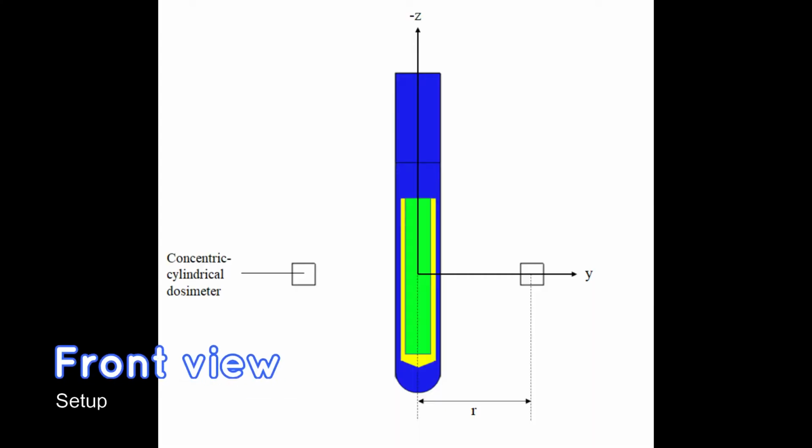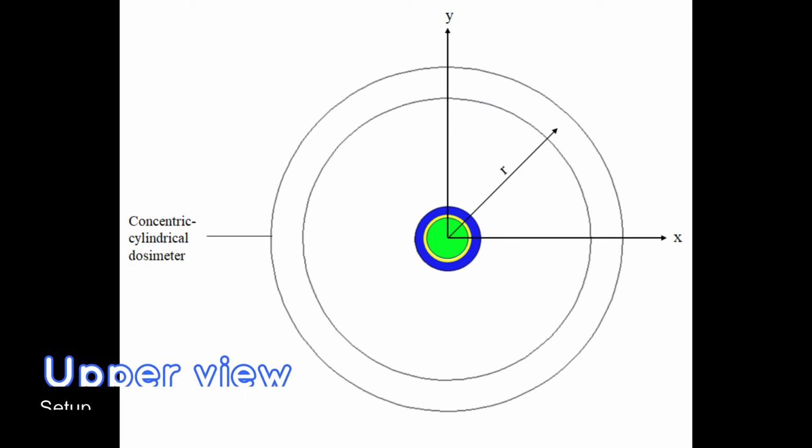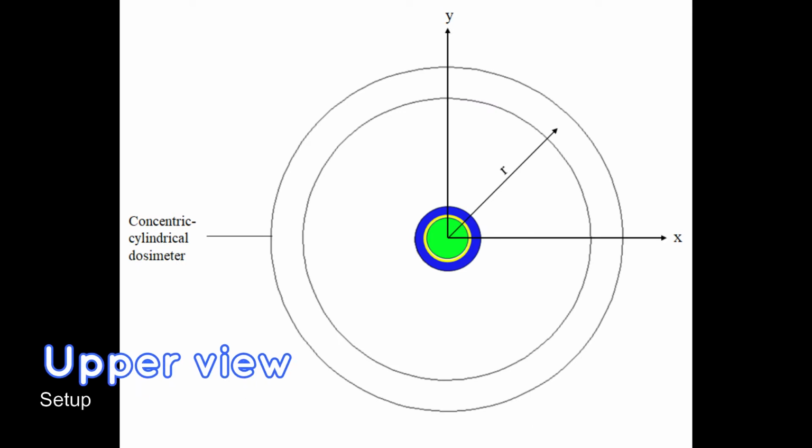The setup of the simulation is as shown. The cobalt-60 is situated in the center of a 125 cm radius sphere. The dose distribution is recorded for a few positions inside the sphere.